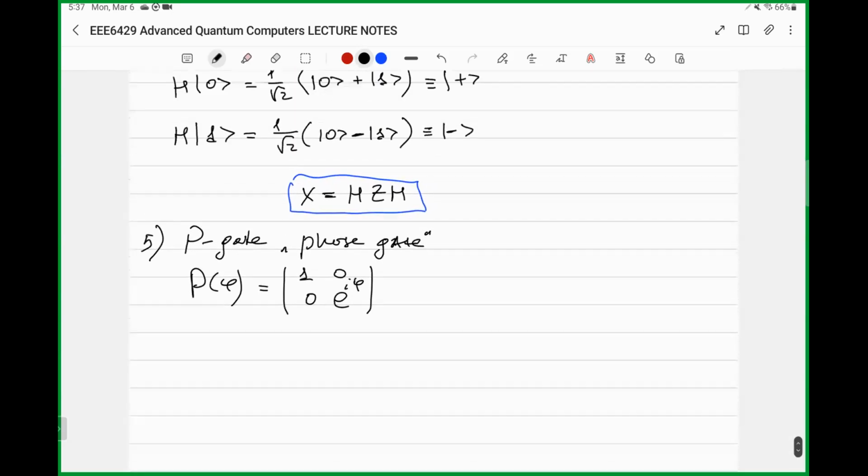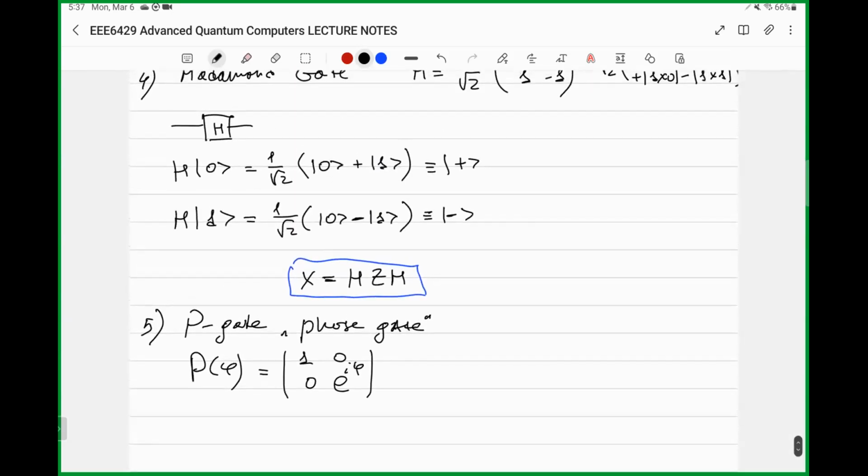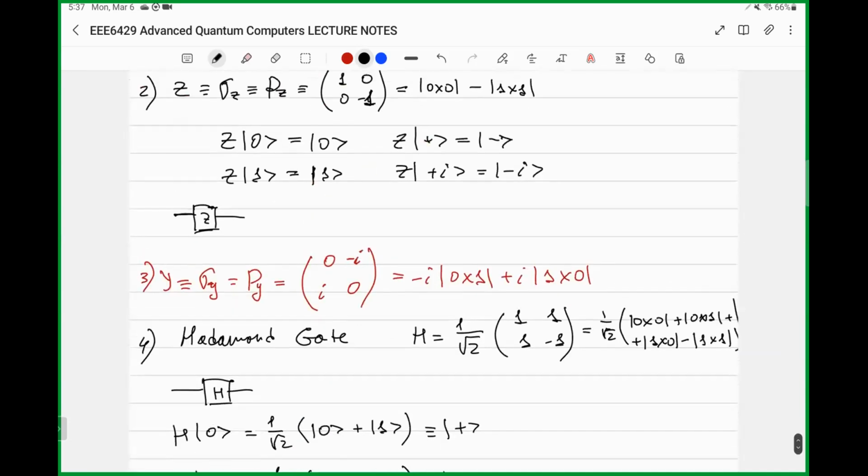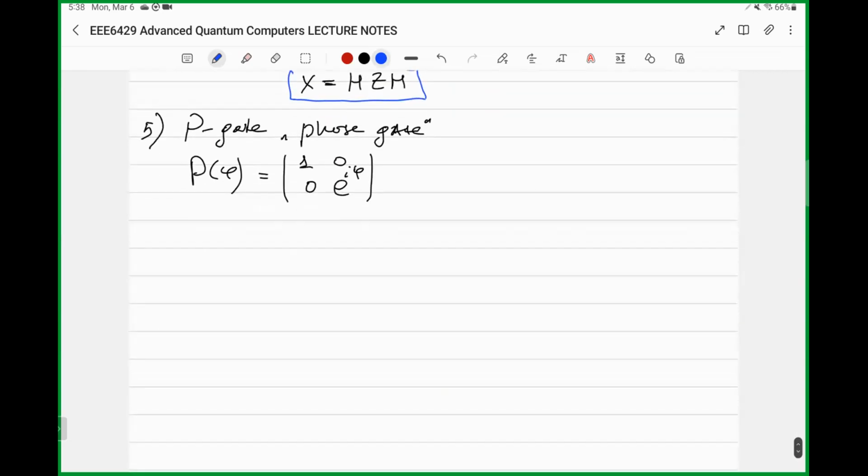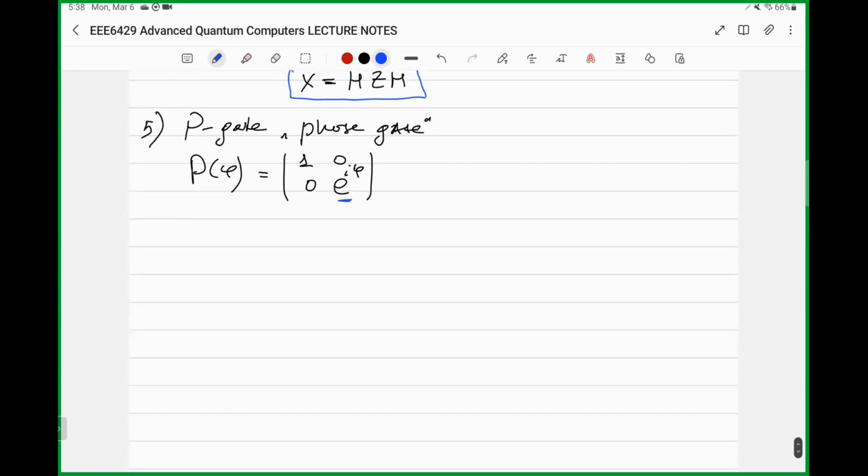The structure of this matrix reminds you of the structure of gate Z, but in contrast to gate Z, which has -1 here, this matrix has e to the power of i phi, which means that this P gate rotates the state again around the axis Z, but by an arbitrary angle phi.